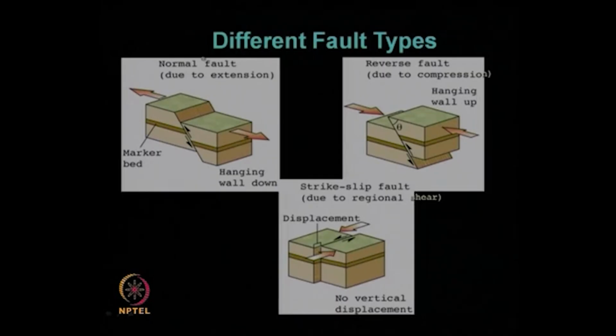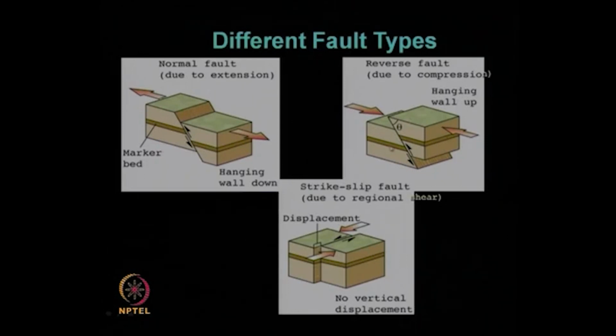So, this normal fault can make both vertical movement as well as horizontal movement of these two rock blocks, fine.